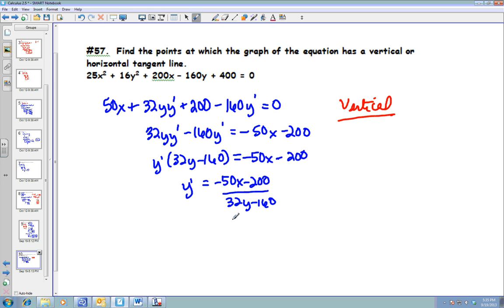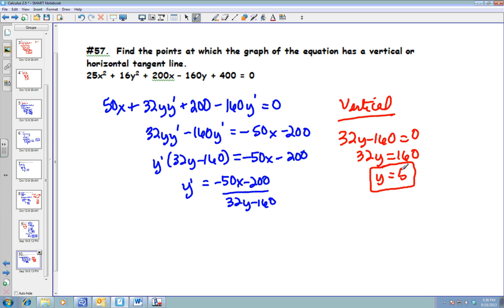So this is going to be undefined where the denominator is equal to 0. So I'm going to say, okay, 32y minus 160, where is that 0? Well, 32y equals 160, divide by 32, and y would equal, what is that, 5. So I know I have a vertical tangent when y is 5.